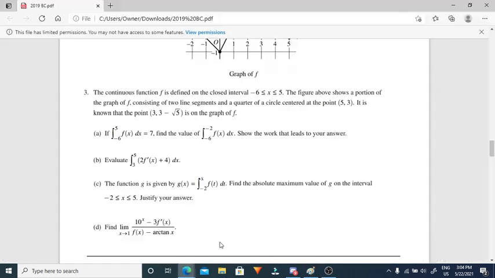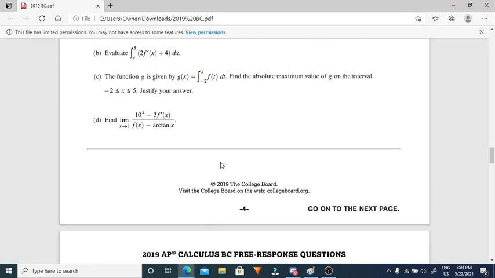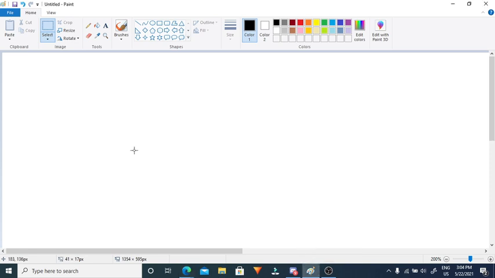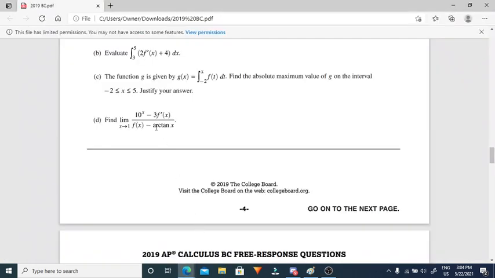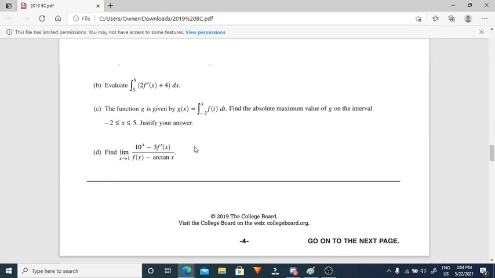All right. Then D, find the limit as x approaches 1 of 10 to the x minus 3 f prime of x over f of x minus arctan x. Okay. Well, if we plug in 1, let's see.